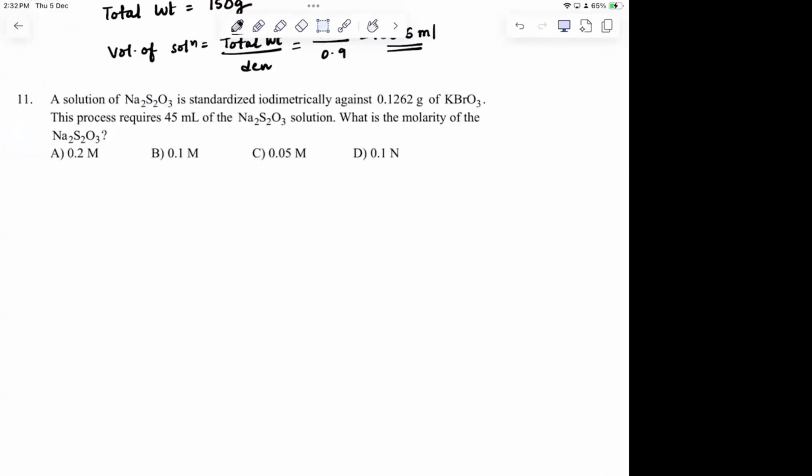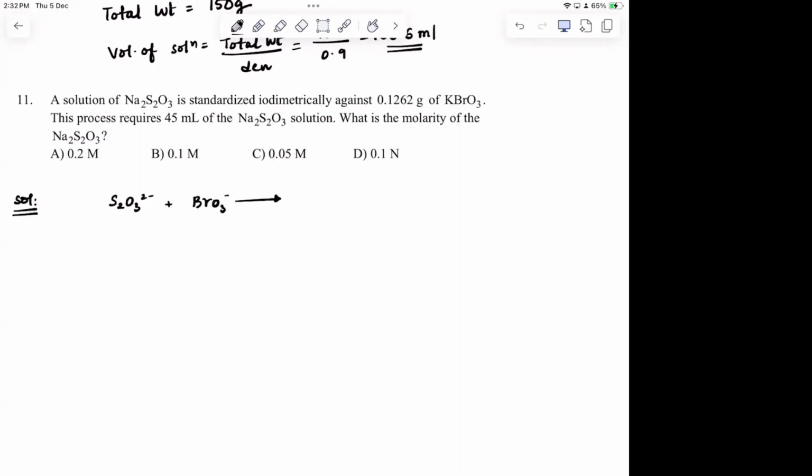Na2S2O3 is standardized iodometrically against KBrO3. This process requires 45 ml of hypo. What will be the molarity of Na2S2O3? Okay. So let us see this here. What I can say, S2O3 2 minus here plus BrO3 minus.